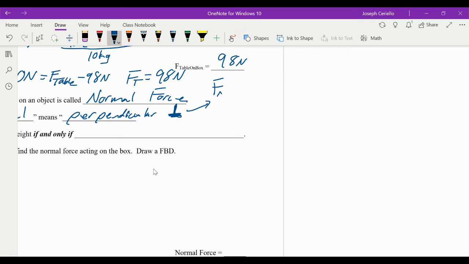The normal force, F subscript n, is always perpendicular to the surface the object sits on.